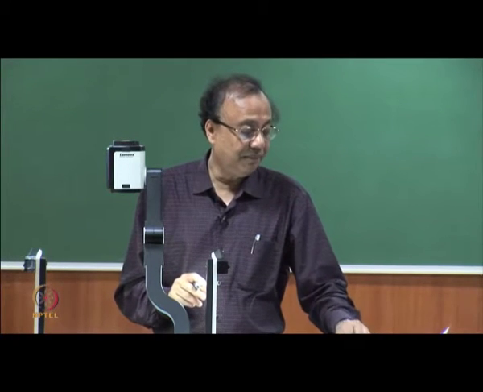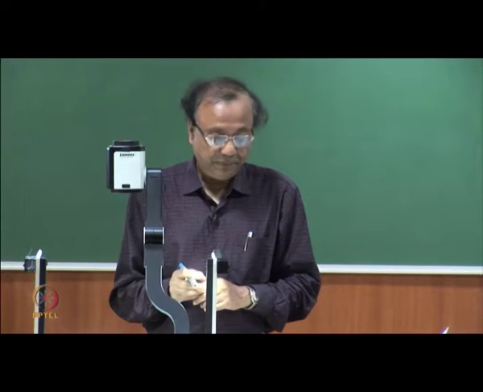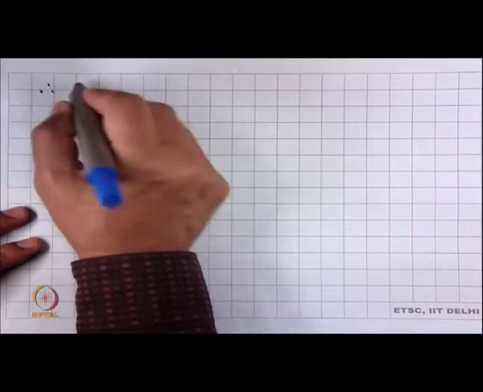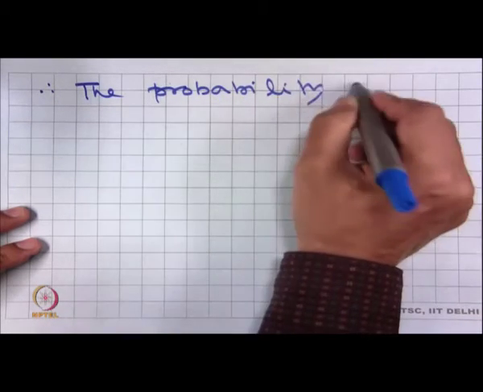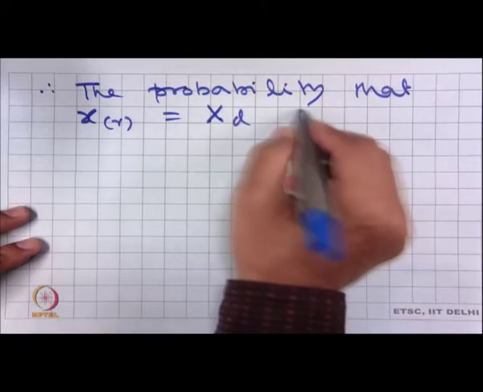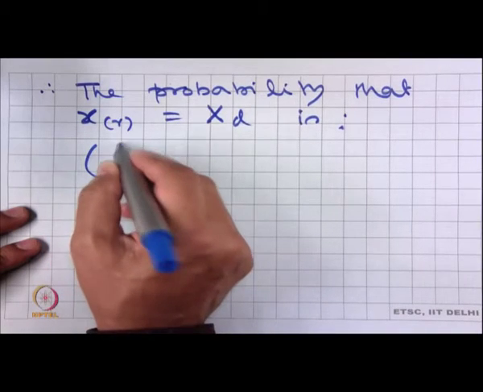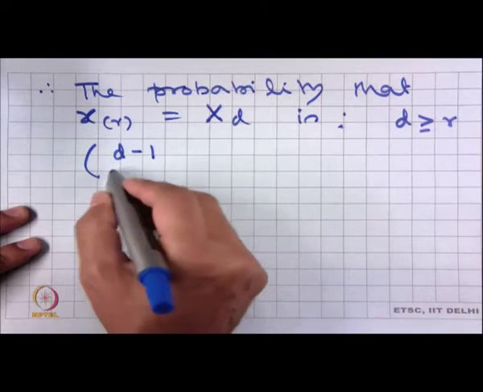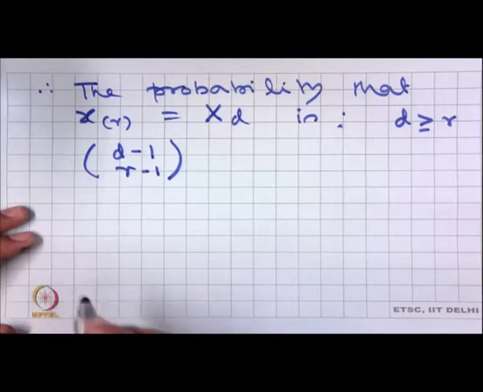So, that is what I am saying here, that the rth order statistic is equal to x d means d cannot be less than r. So, what is the probability? Among the first d minus 1, I have to choose r minus 1, in d minus 1 c r minus 1 ways, right.